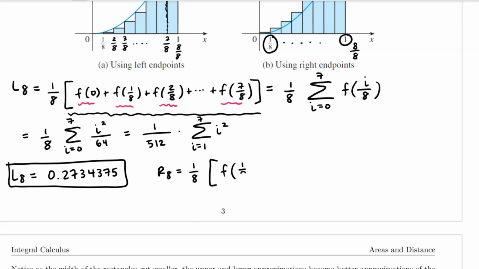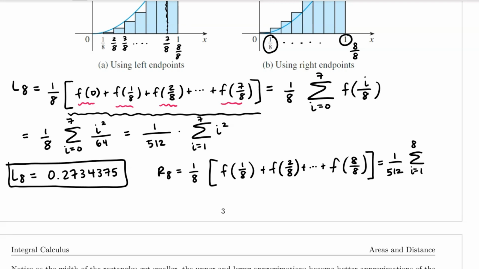So we have f of 1/8 plus f of 2/8 plus ... and then our last one is f of 8 over 8, or just 1, whatever you prefer. And then from here, we can do the same thing that we did before and rewrite that as a summation. So this is equal to 1 over 512 times the summation from i equals 1, and then we're stopping at 8, of i squared.